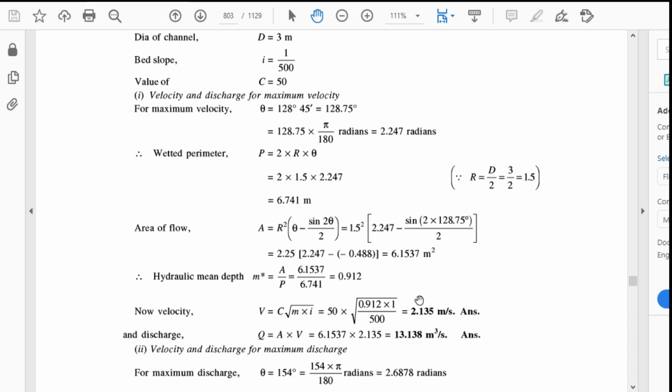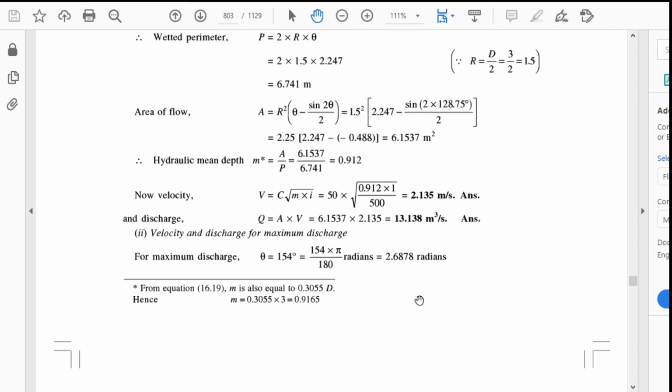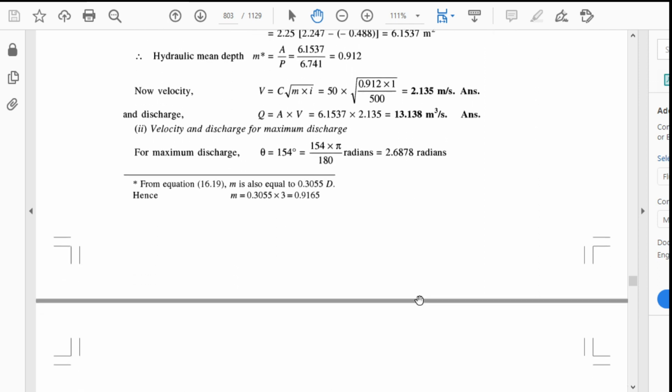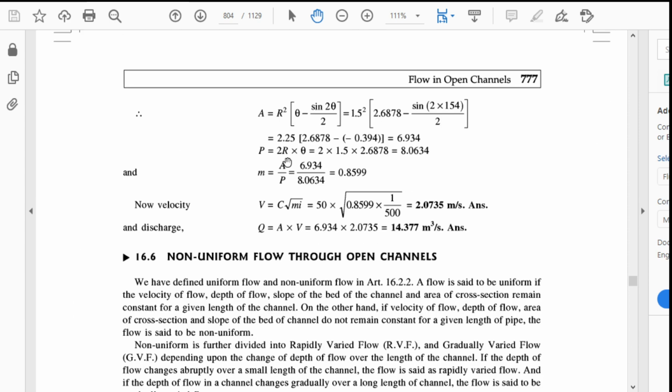Now for the maximum discharge condition, as I have already explained, you have to remember the value of theta for maximum discharge, which is 154 degrees.